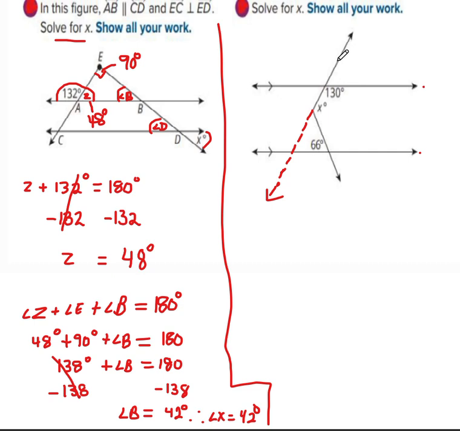So now I've extended one of the lines here to form an actual full transversal, which is a line cutting through two parallel lines. Because there are several rules that surround situations where a transversal line cuts through two parallel lines, it makes it easier to solve for the angle that we're looking for. And the angle that we're looking for here is angle x. So this is really what we're looking for here, angle x.